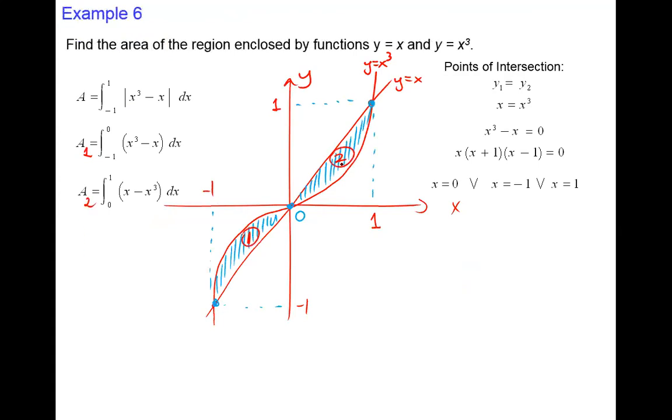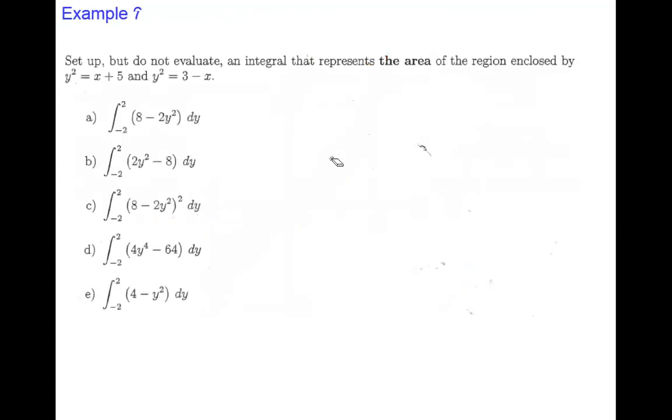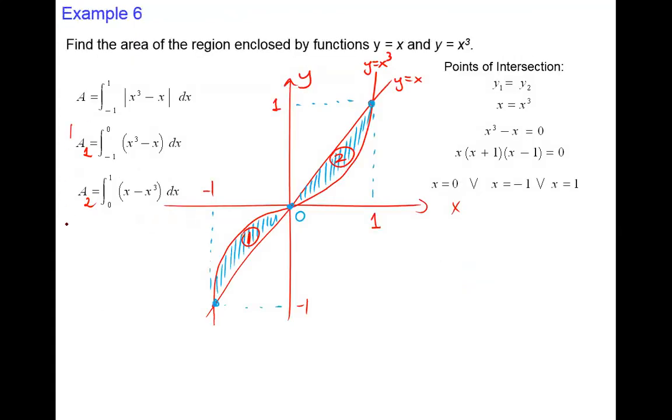For the first one, the bottom part, I have x cubed on the top minus x cubed minus x, from -1 to 0. And from 0 to 1, I have x minus x cubed. But who typed the answer? Taren, you said that we can take the second and multiply by 2. Actually, I didn't finish. Let me write for you.